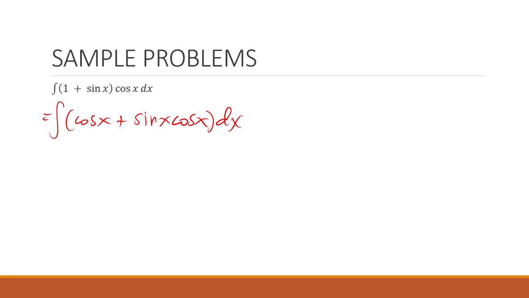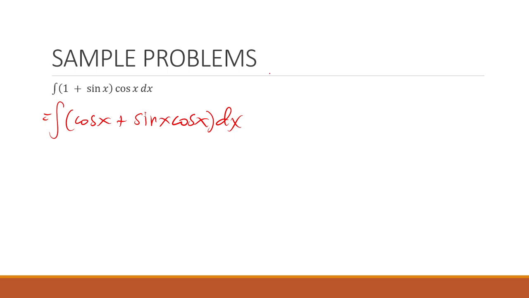And then we have two terms now. Cosine x is readily integrable. We have a formula for cosine. Tama. However, for sine x, cosine x, we have a few other ways to integrate it.